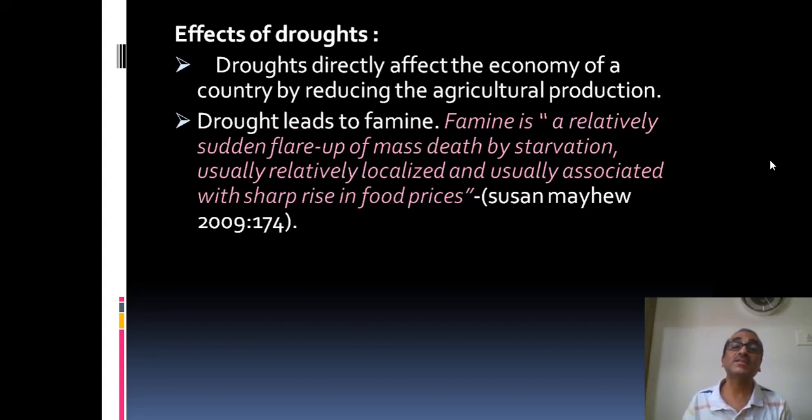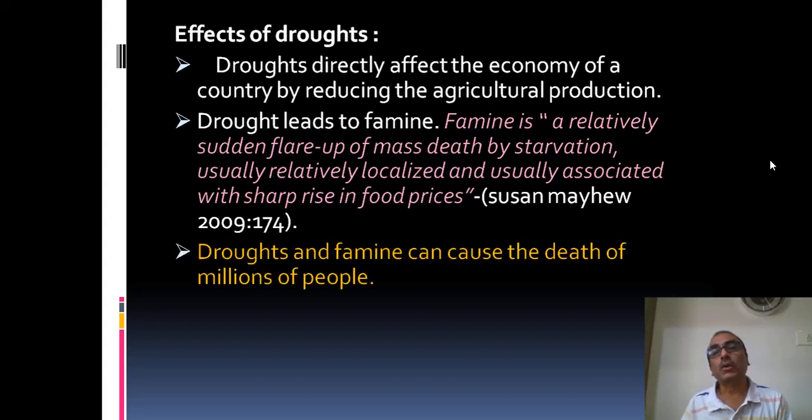When there is a shortage of food supply, demand increases and prices of the food will be rocketing, and when the prices become very high, poor people cannot afford it, and due to unavailability of the food, they will be suffering from starvation, malnutrition and death.